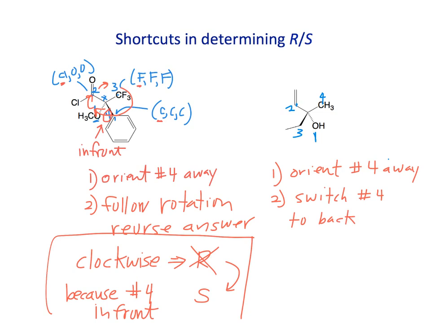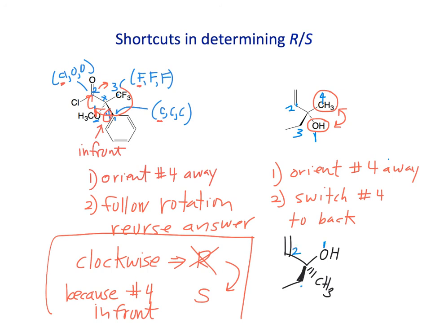What that means is we'll take number 4 and whatever substituent is pointing away, it's the OH in this case, and we're going to switch these two groups. We're going to redraw it now. And our OH will be here. Our ethyl group still is here. And we switched the methyl group to the back.